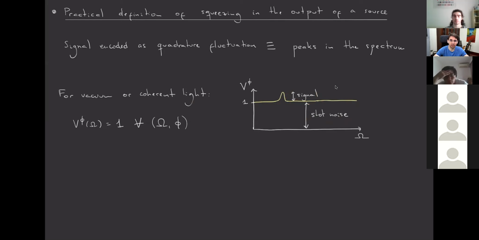Then it makes sense in this kind of setting, in this kind of scenario, to define the squeezing in the output field, or to say that your output field is in a squeezed state whenever, for some quadrature phi, the spectrum at some frequencies is smaller than 1.